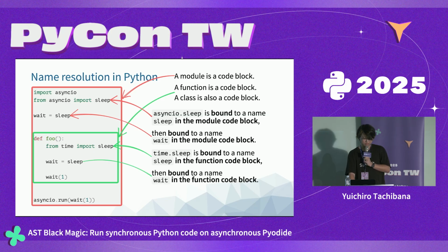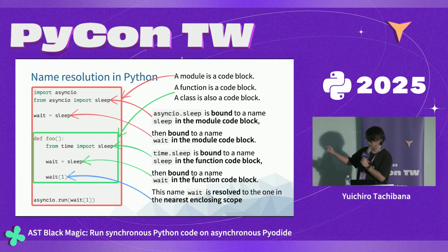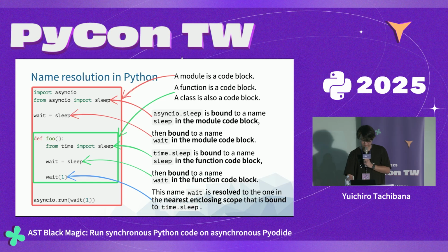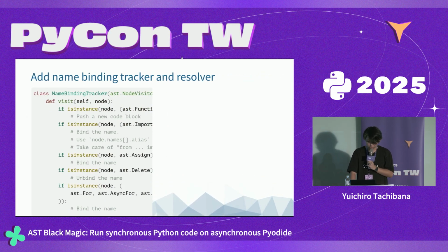The same is done in the inner scope as well. So if you want to know what this wait means, it's going to be resolved to the closest wait assignment here. Then you will see wait is sleep. And this finally is resolved to time.sleep. This resolution mechanism is called name resolution.